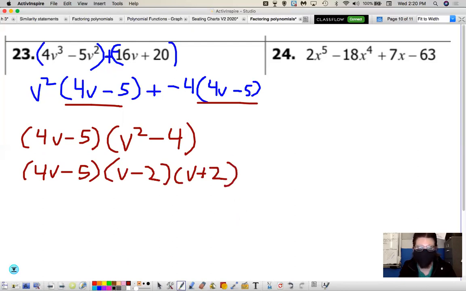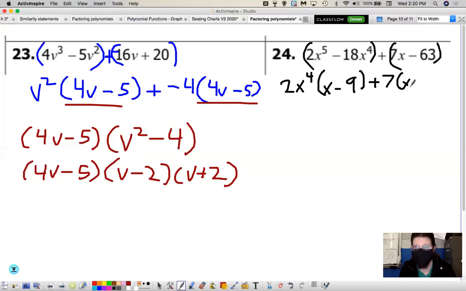Okay. On the next one, we're again going to group these two, those two. That's a plus sign, so we're good. They've got a 2x to the fourth in common. I'm left with an x minus 9. Plus, they have a 7 in common. Again, I want that to stay positive, so I'm not going to take a negative out. x minus 9.